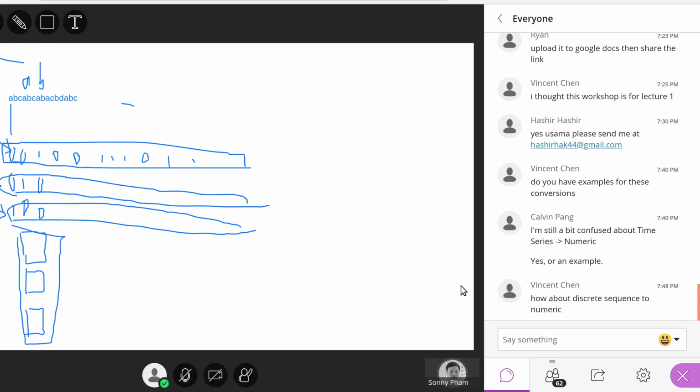This can be captured by different coefficients found in these vectors. Sorry for my very bad drawing, Vincent, but I hope that gives you an idea of the conversion from one representation to another.